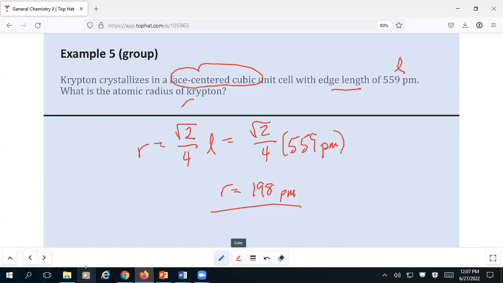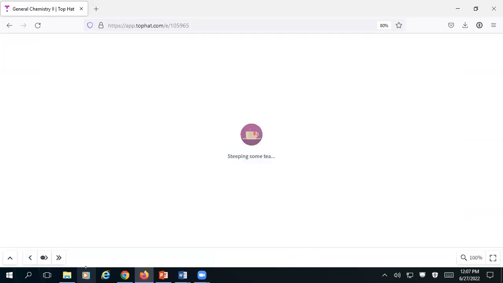So really, only if the question asks you to do that would you do it, unless you're using the result of that calculation to do some other calculation that was going to require a conversion. All right, other questions from this problem?